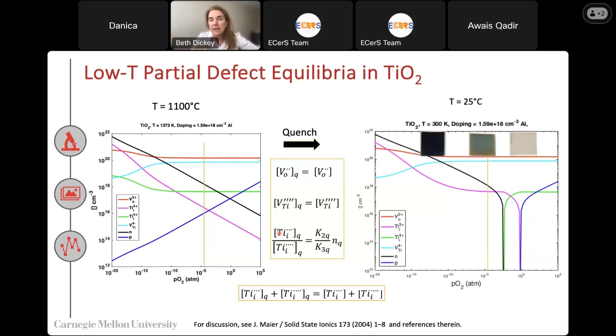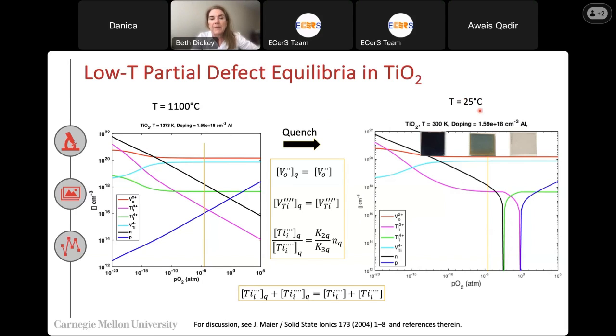Okay, and so titanium may be able to go from 4+ to 3+, and I can equilibrate the electron hole carrier equilibrium, and you can recalculate what these defect concentrations should be at a lower temperature. And that's what I mean about partial equilibrium. And that's really important to know. A lot of times the kinetics of the process are not understood well, and that's something you have to consider.